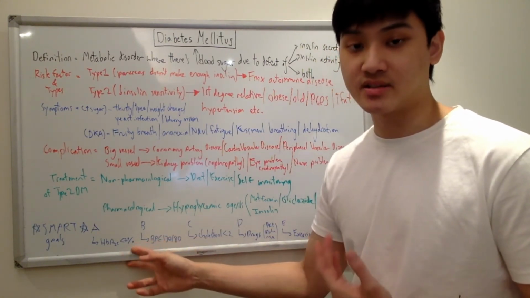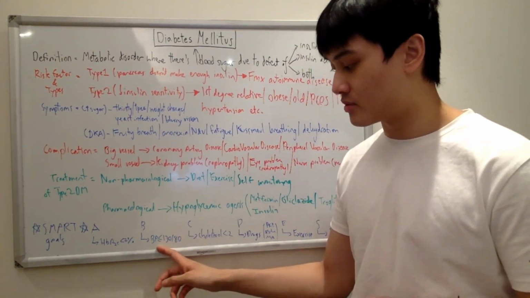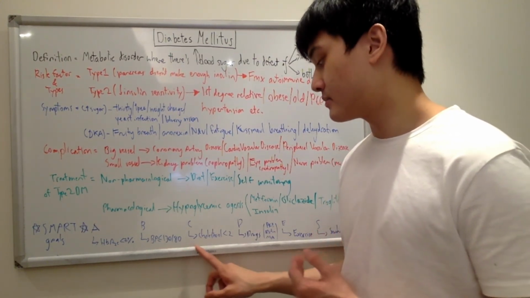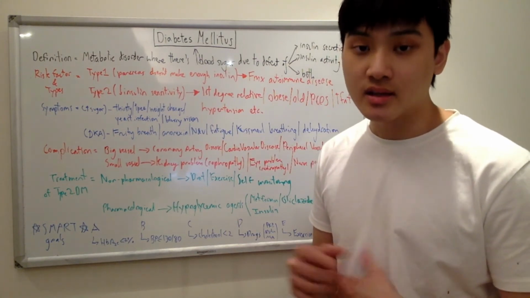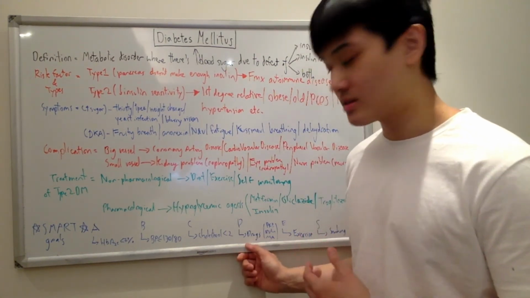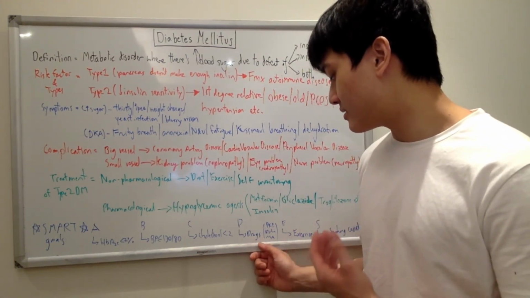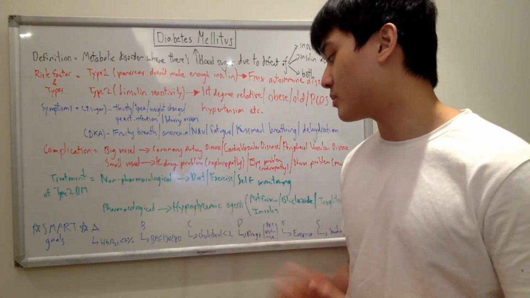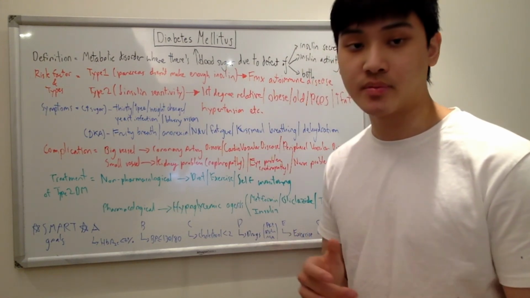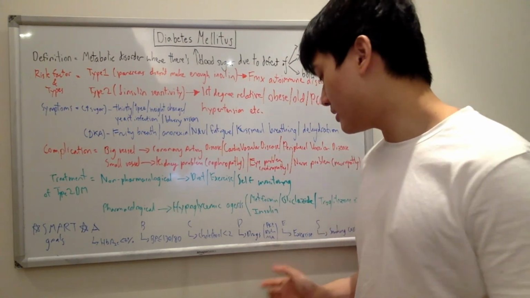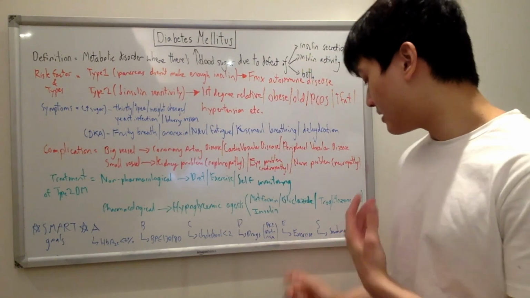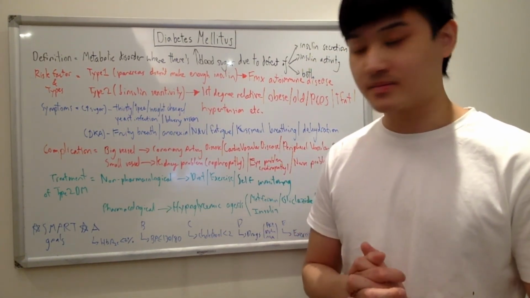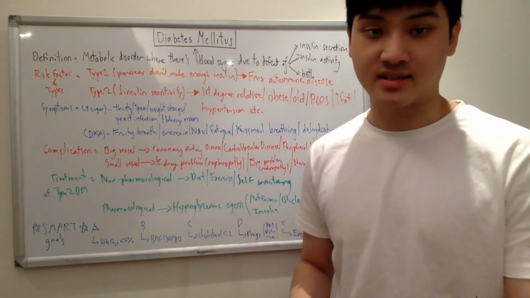Lower than 7% is good. B stands for blood pressure, to be controlled under 130/80. C is to keep your cholesterol less than 2. And D is drugs: some drugs like ACE inhibitors, statins, and ASA can be used in conjunction with hypoglycemic agents to keep it well controlled. E is exercise and eating. And lastly, S is smoking cessation. So it's A, B, C, D, E, S.